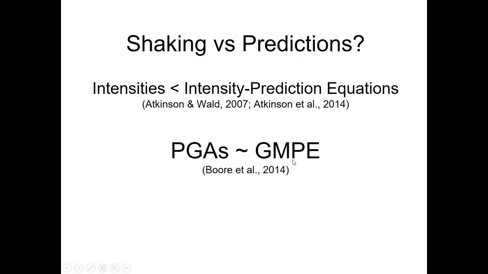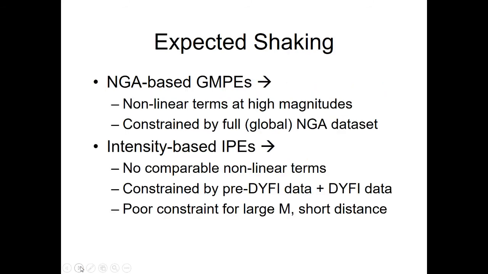And it turns out, let me just focus on this part, the modern ground motion prediction equations that we have for California include nonlinear terms. So they're constrained by quite a bit of global data, and they capture this behavior. So that's why the shaking wasn't a surprise.